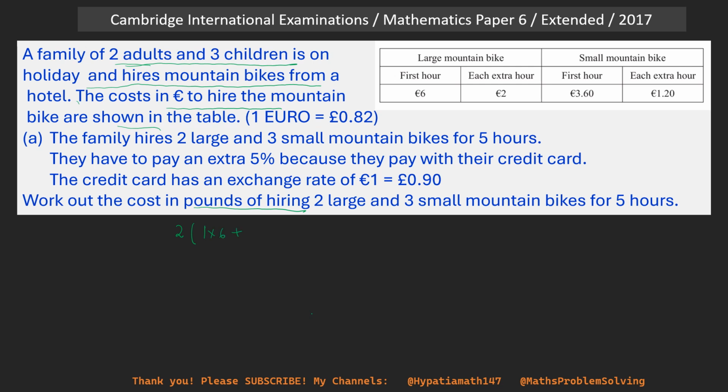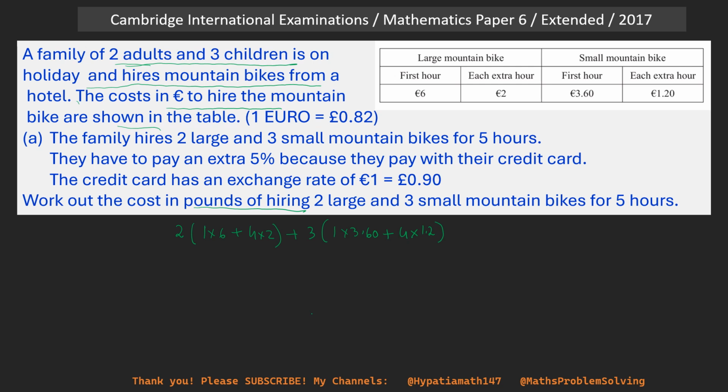There are another 4 hours, so 4 times 2. That would be the cost for 5 hours for the adults. And for the children, 3 children multiplied by 1 times 3.6, and then plus 4 times 1.2, and this is all in euro.